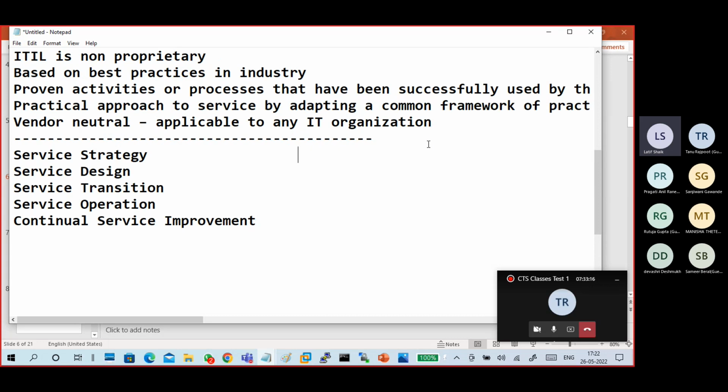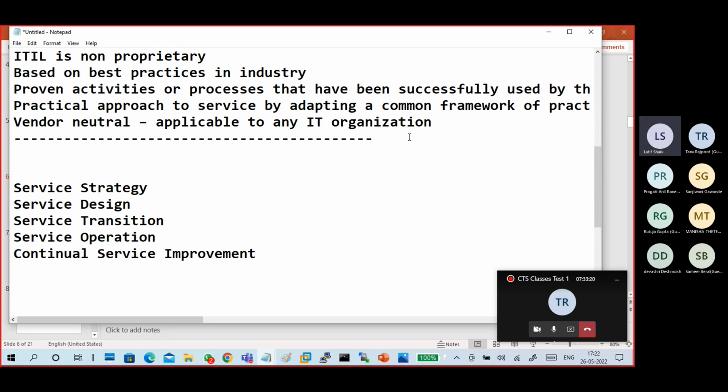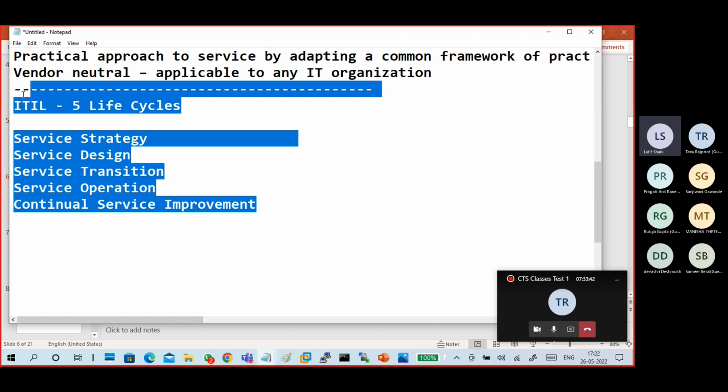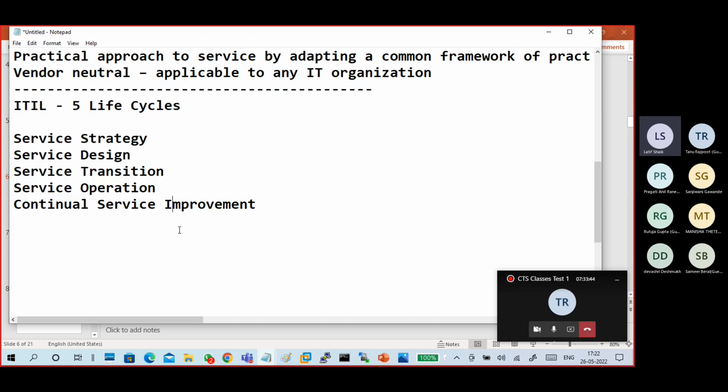ITIL has 5 life cycles: service strategy, service design, service transition, service operation, and continual service improvement.